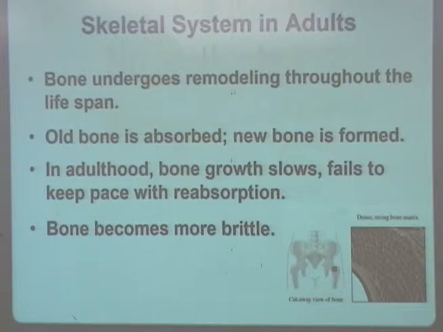So the best way to handle it is make sure you have calcium, girls in particular, right? Your diets now need to have plenty of calcium in them so that these bones are as strong as they can be. Your exercise plan should include weight-bearing exercise.